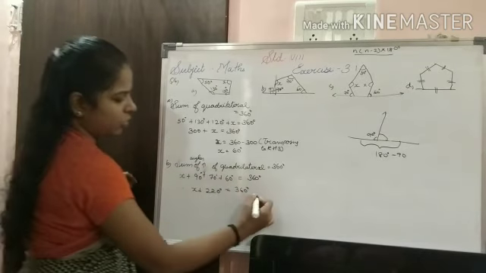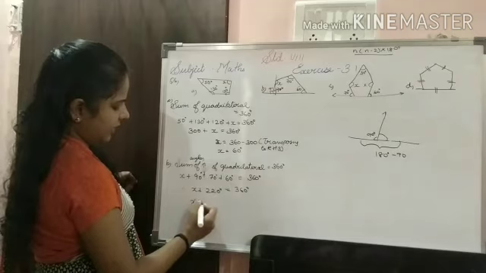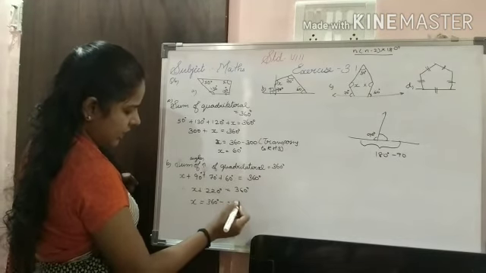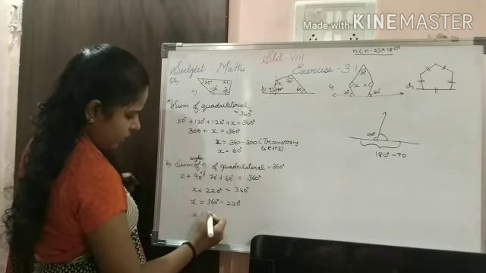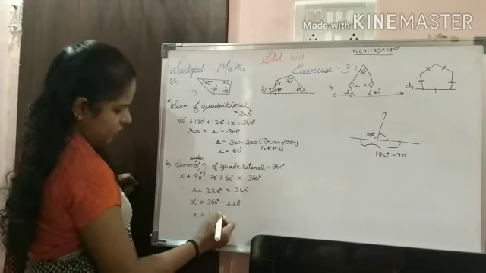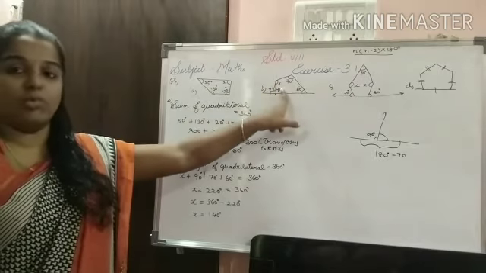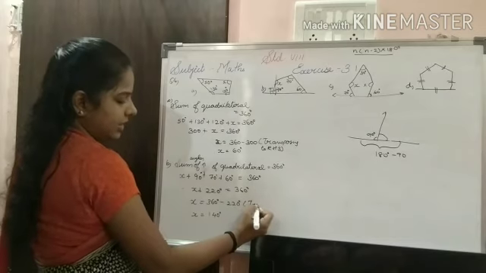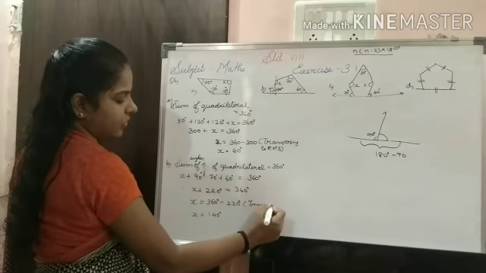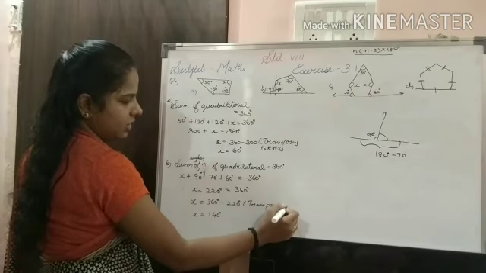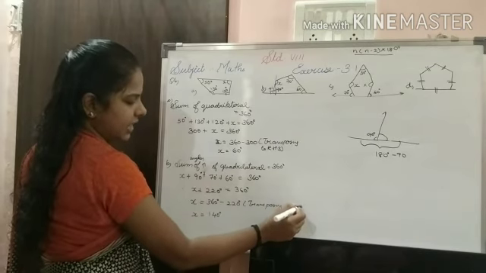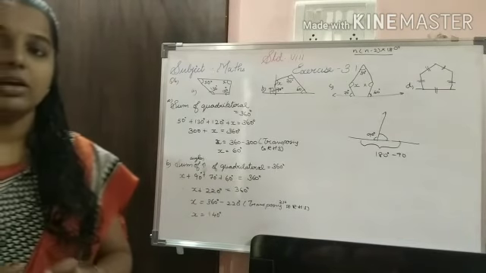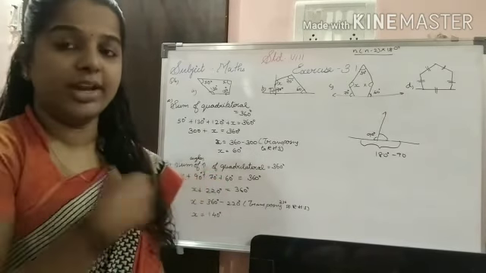Once again, transposing, x is equal to 360 degrees minus 220 degrees, x is equal to 140. So the angle x is equal to 140 degrees. Understand, students? And here you have to write: transposing 220 to RHS. Hope you understand. Now we are going to the next two sums.